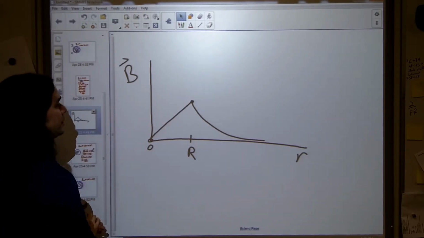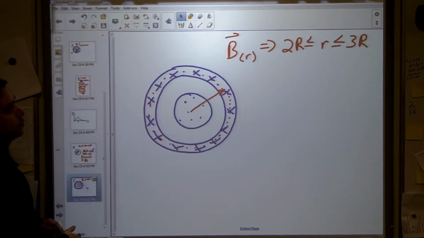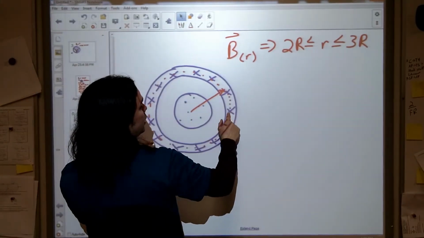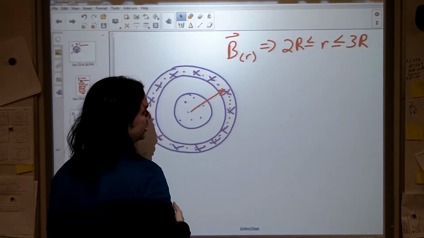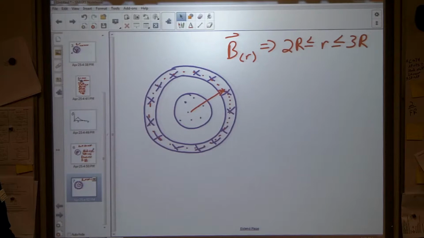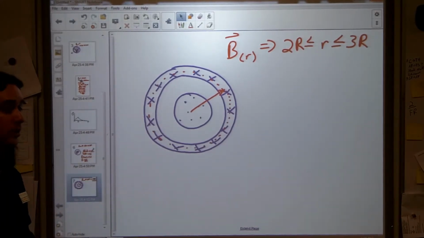So this is the setup of the basic problem, and as I mentioned before, things got switched out. We're going to look at the region from 2R to 3R, so we're looking inside this total sheath. The way we're going to deal with this is the same thing we did with Gauss's law, where we incorporate the idea of your total current enclosed.